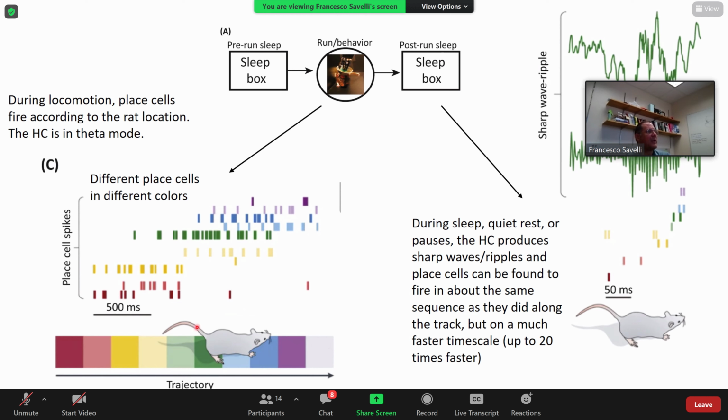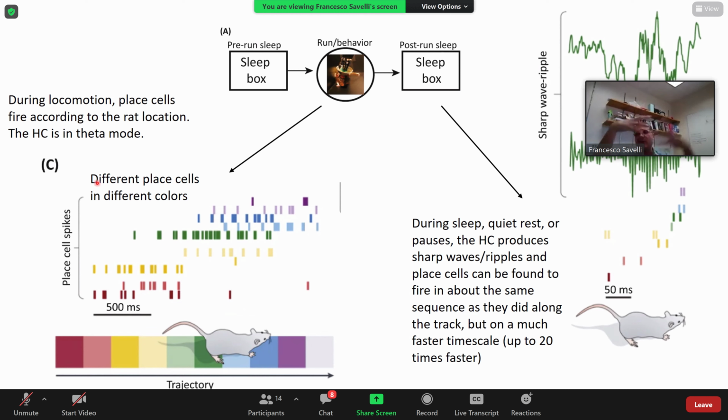We're going to see a cell that spikes first here, another cell that fires later. There's a yellow, another kind of yellow, green, blue. So you take your place cells: one place cell fires here, another fires there, another fires there, and then you order them based on where they fire, right?